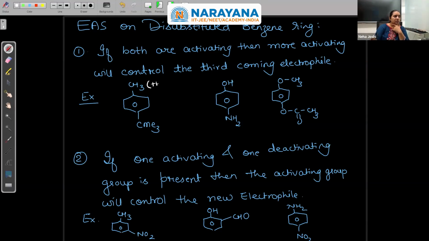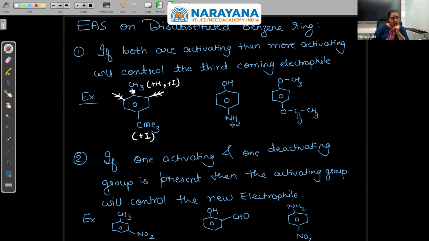This one is plus H and plus I, so electron releasing. And this one is only plus I. There is no hyperconjugation. There is no hydrogen. So this group is more activating. If both are activating, the one which is more activating will control. So attack will be here.